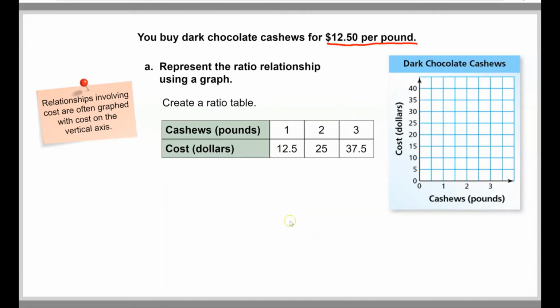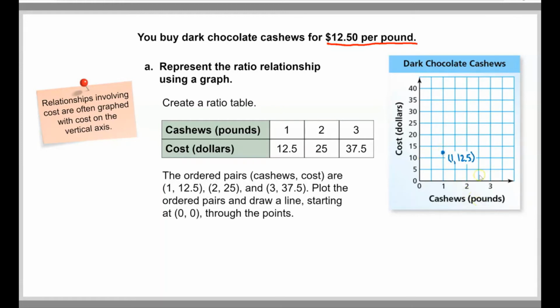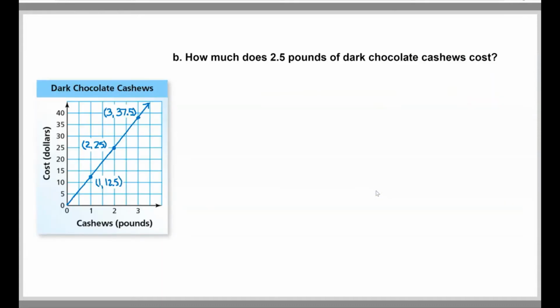Then we could plot these points on our graph. We've got 1, and we can put 12.5 here, halfway between 10 and 15. We can put 2 and 25, and 3 and 37.5. Again, we could connect the dots there and draw our graph. Now, using this graph, we could answer this question.